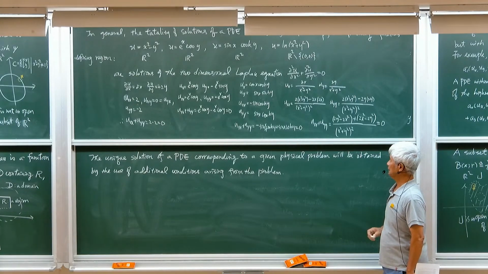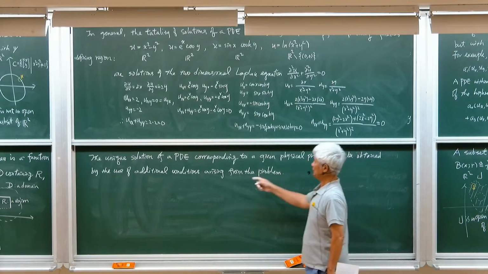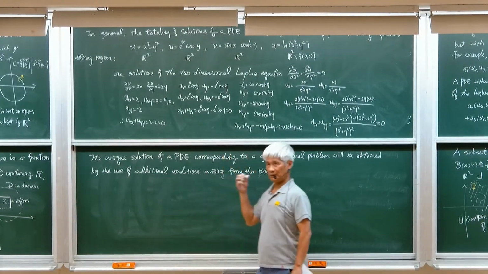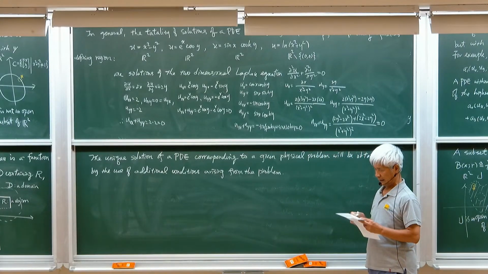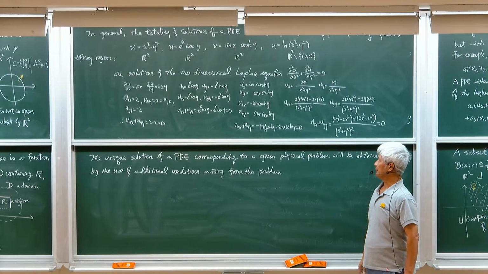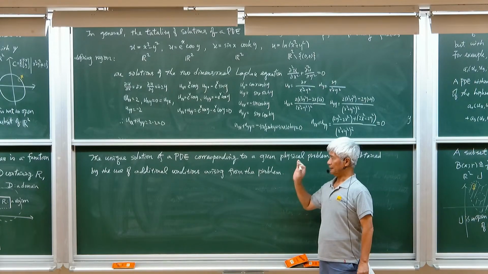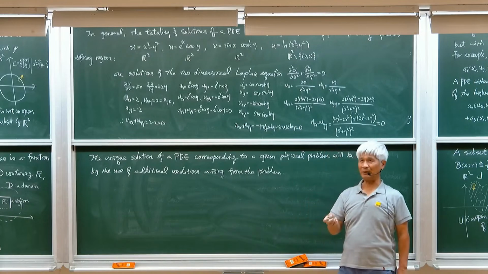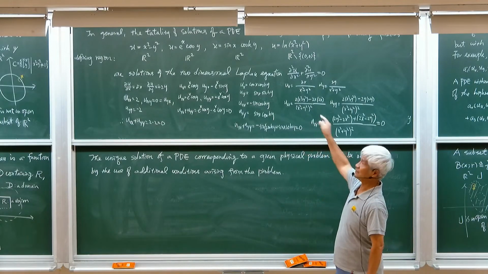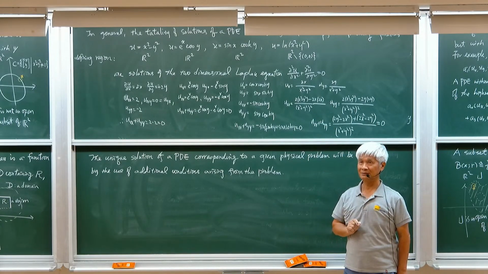Okay, when additional conditions can be obtained from the related problems. Okay, and then very interestingly, to find such a unique solution becomes much easier than to find a general solution.